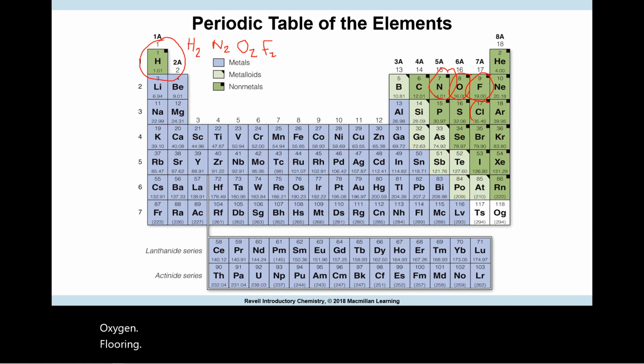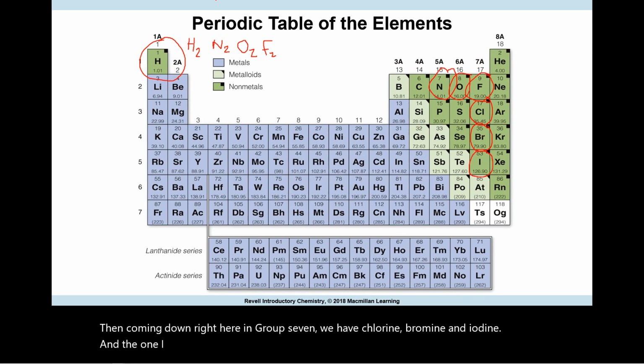Then coming down right here in group 7, we have chlorine, bromine, and iodine. The one I forgot earlier was actually bromine. So we have fluorine, chlorine, bromine, and iodine.